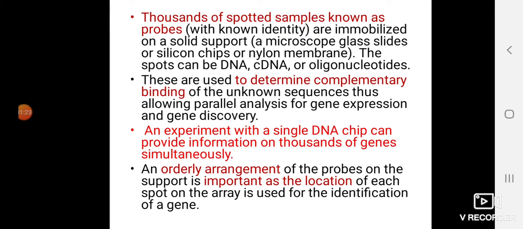So these thousands of spots are going to be known as the probes because they are going to be immobilized on the solid support here, and all these probes are going to be labeled with fluorescent molecules, or sometimes even radio isotopes are used for labeling, which is further studied by using a particular technology to analyze the hybridization.